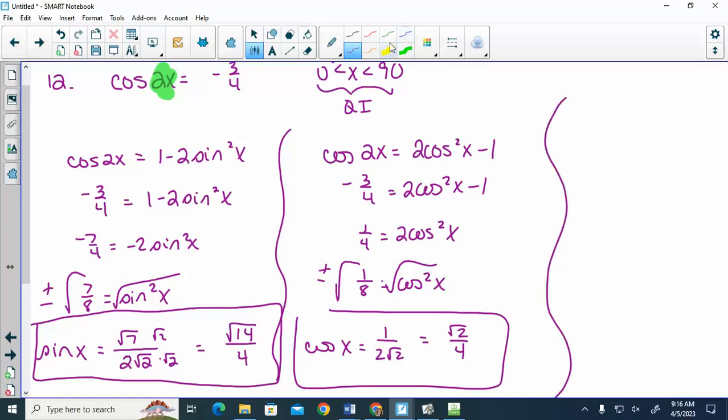The other option, once you have one of your functions with x, you could set up a triangle. You're in the first quadrant. Sine is opposite over hypotenuse, so we need Pythagorean theorem to get our missing side.